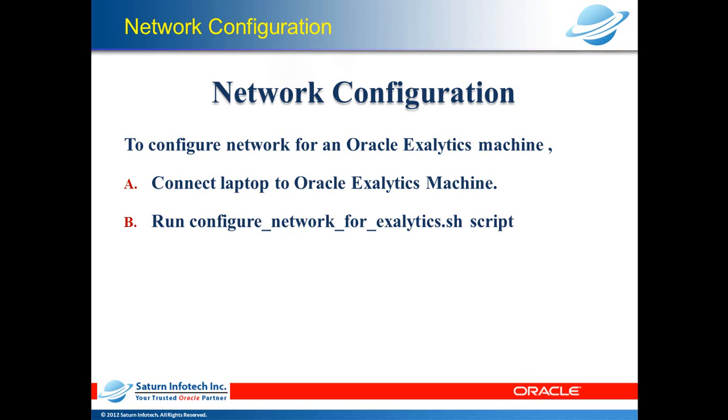The configure-network-for-exalytics script is used to configure the Oracle Exalytics machine after the initial operating system image is installed. The script verifies the following. When started, the script verifies that the user is root. It verifies that the Oracle Exalytics machine is installed with a 10 GB 9NT card.